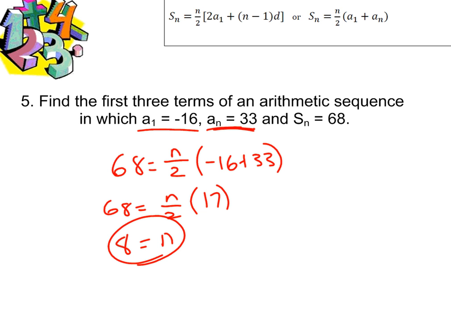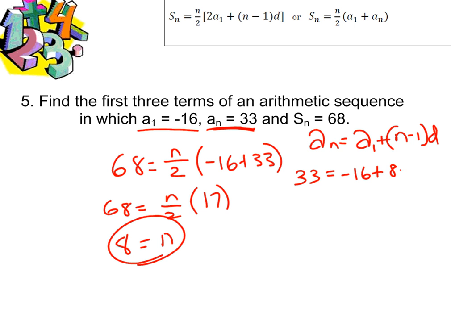Okay, so now we got to kind of go back to arithmetic sequences a little bit. This is kind of where you use a sub n equals a sub 1 plus n minus 1 times my common difference. Except here, now I know that my 8th term is 33. My first term is negative 16. I need to figure out what my common difference is.